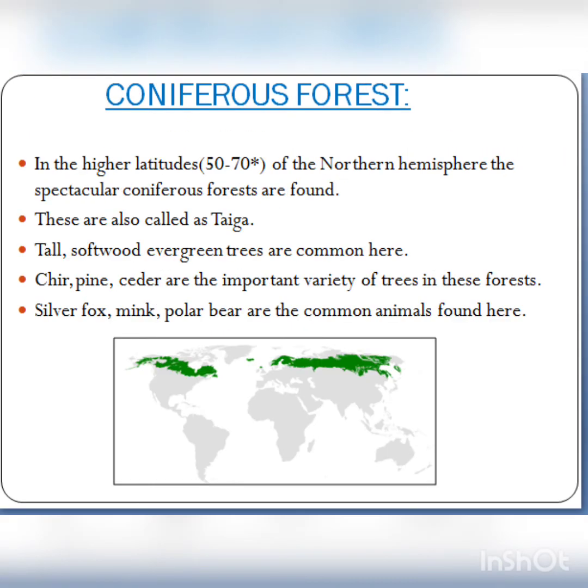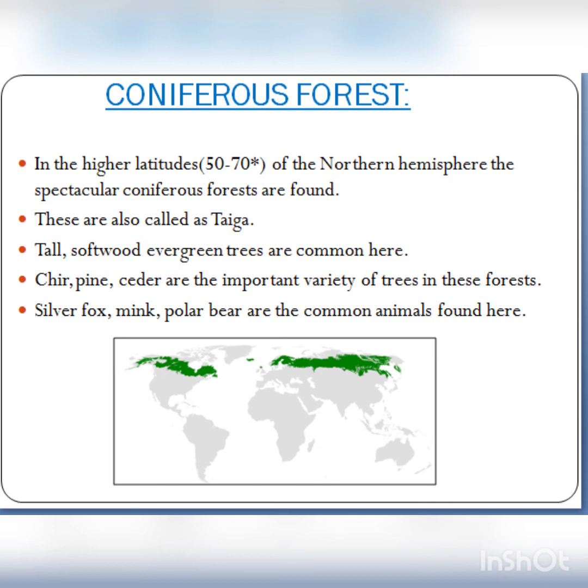Coniferous forest. In the higher latitudes, mainly between 50 and 70 degrees latitude of the northern hemisphere, the spectacular coniferous forests are found. Another name for this coniferous forest is taiga forest. Tall, softwood evergreen trees are common here. Chir, pine, and cedar are common, an important variety of trees found in this forest.